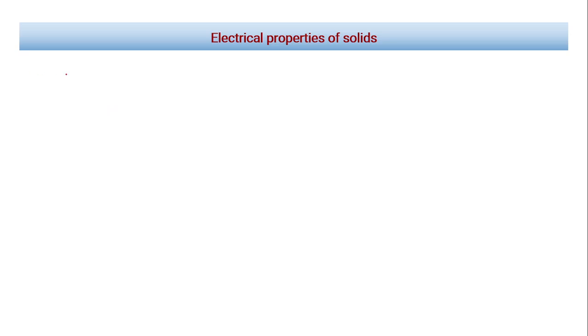So first, in solids, we have some materials. When we are talking about electrical properties, we have a different categorization. If I talk about a magnet, then I have ferromagnet, diamagnet, paramagnet. But here we are talking about the electrical property of solids, so our categorization has three categories.